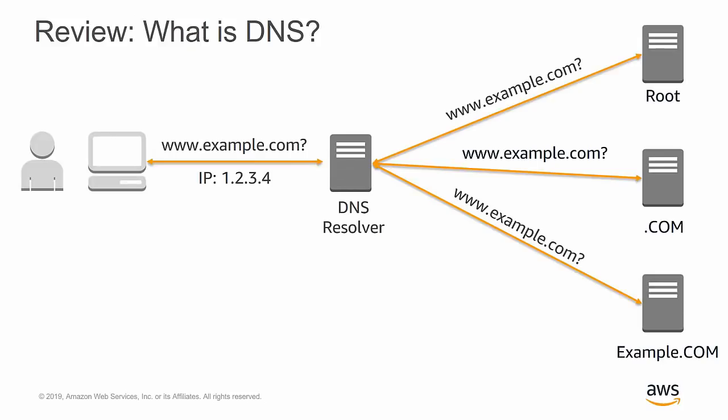Getting a little bit deeper here to understand how it works, you, the user, might be at your computer and you might type, I want to visit www.example.com into your web browser. What your computer or your client is going to do is reach out to what is called a DNS resolver. The resolver doesn't actually know what that translation is.